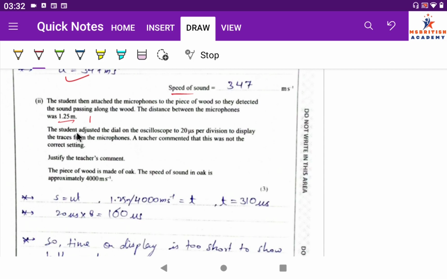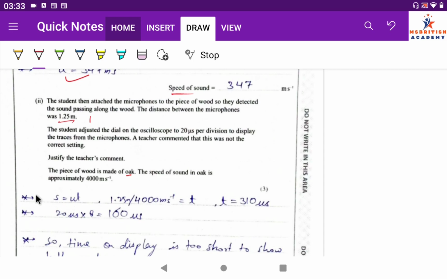The student adjusted the dial on the oscilloscope to 20 microseconds per division to display the trace from the microphones. A teacher commented that this was not the correct setting. Justify the teacher's comment. The piece of wood is made of oak. The speed of sound in oak is approximately 4,000 meters per second.